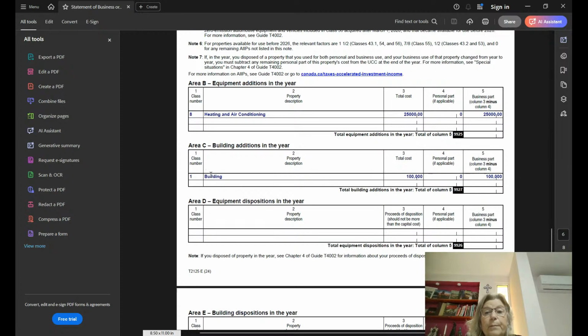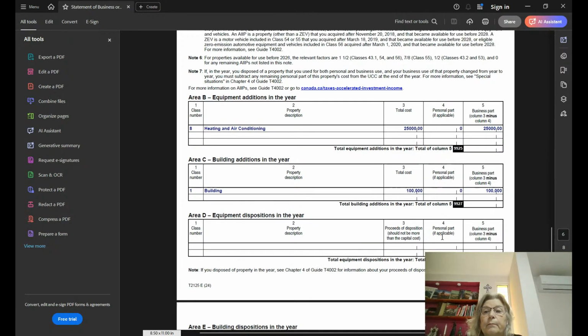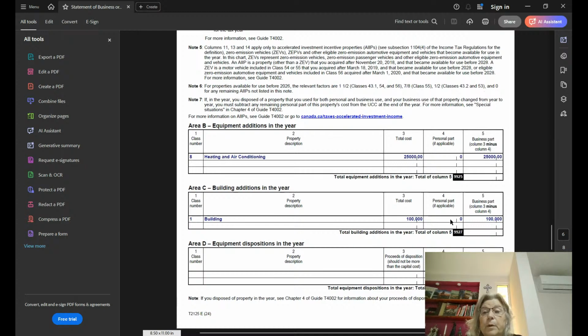Then we go up. So I bought the building this year, 100,000. Is there a personal part? I did not put a personal part in this building. Technically, I suppose I should have put 20,000, but for ease of calculation, we're just going to go with 100,000 for the building. And how do I know that? Well, I take a look at the notice of assessment or the appraisal.